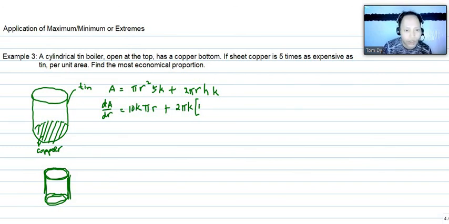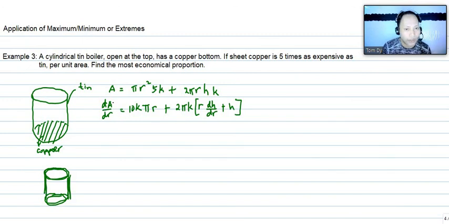So r times the derivative of h with respect to r, plus h times the derivative of r with respect to r. The derivative of r with respect to r is equivalent to 1, so I will no longer write dr over dr. So this is now the case.